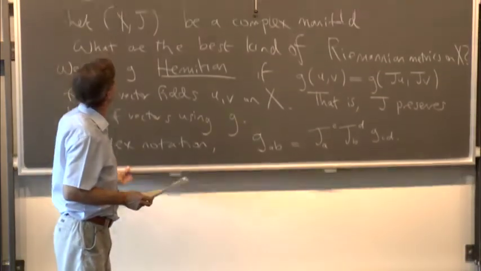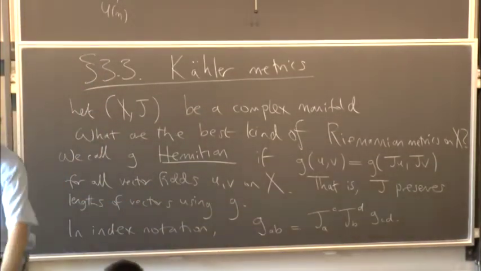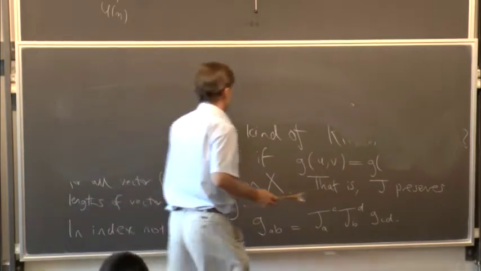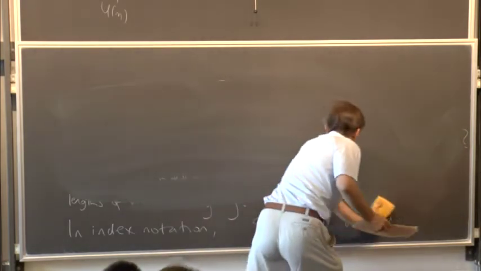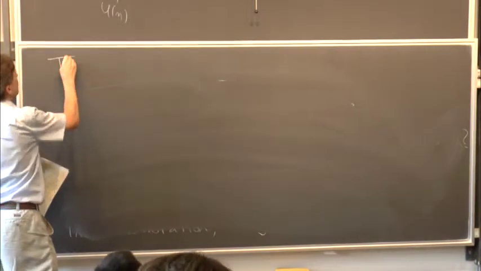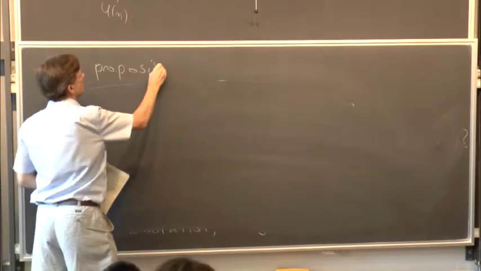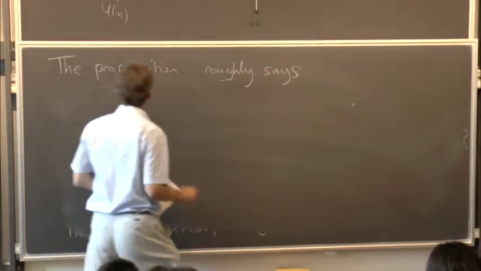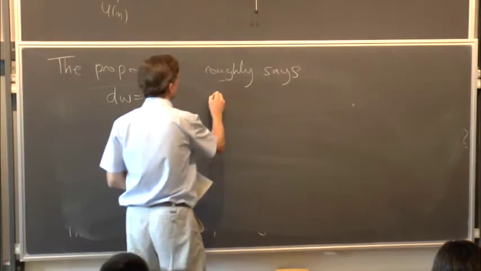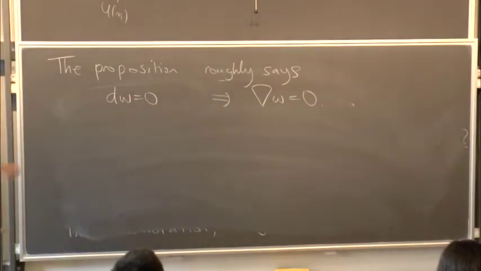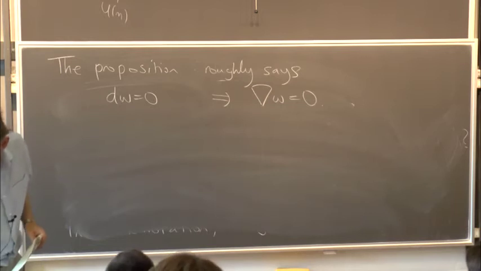Okay, so the proposition roughly says that d omega equals 0 implies nabla omega equals 0, at least on a complex manifold when omega is the Hermitian form of a Hermitian metric.